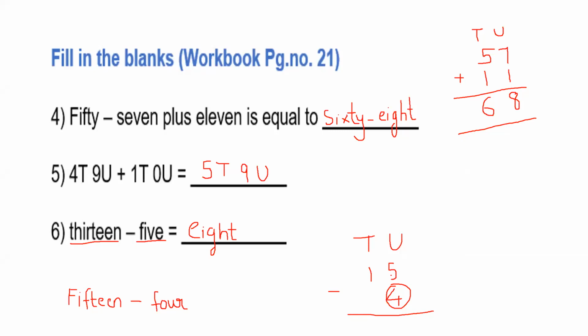Count before 15. 14, 13, 12, 11. Again 14, 13, 12, 11. Answer is 11. In the question 15 is written in words. 4 is also written in words. So the answer will also be written in words only.